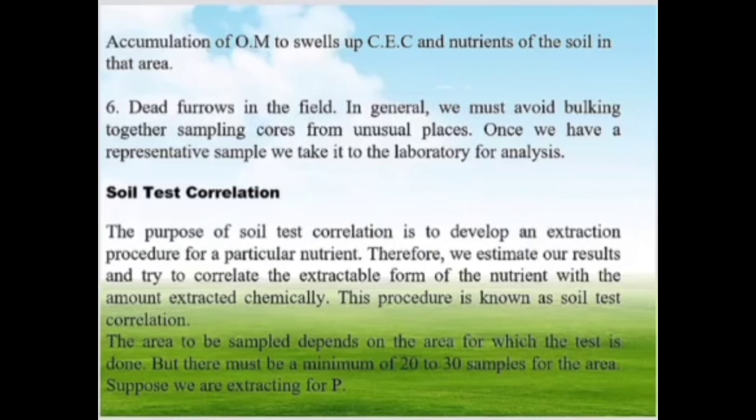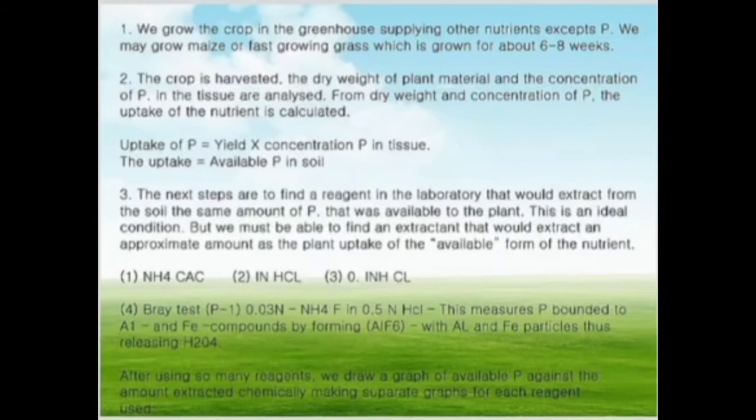Suppose we are extracting for P. We grow the crops in the greenhouse, supplying all other nutrients except P. We may grow maize or a fast-growing grass, which is grown for about 6 to 8 weeks. The crop is harvested, then the dry weight of the plant material and the concentration of P in the tissue are analyzed.